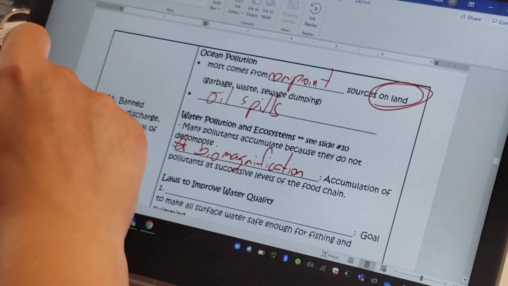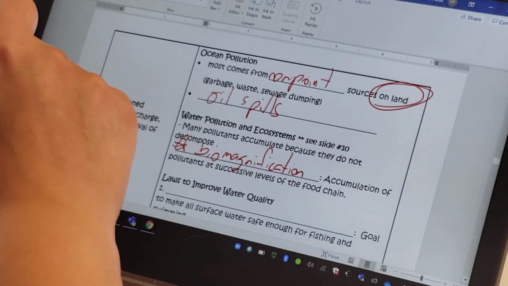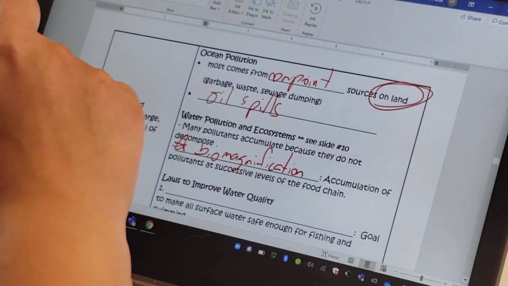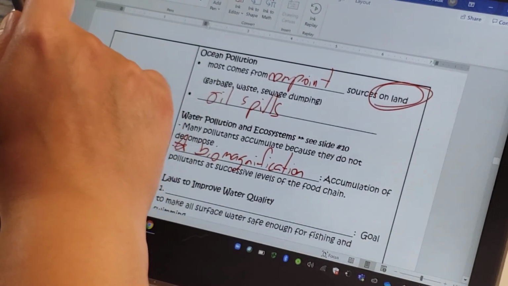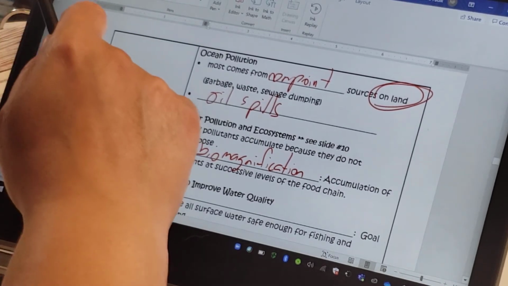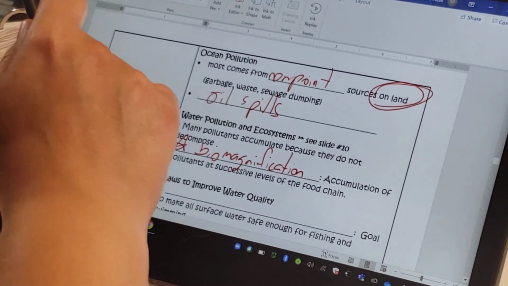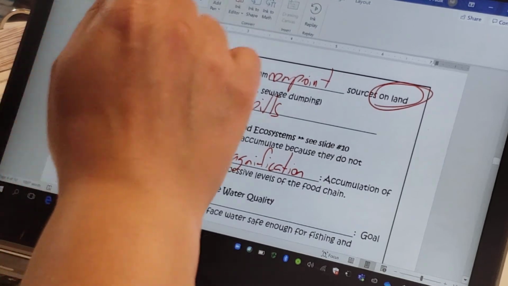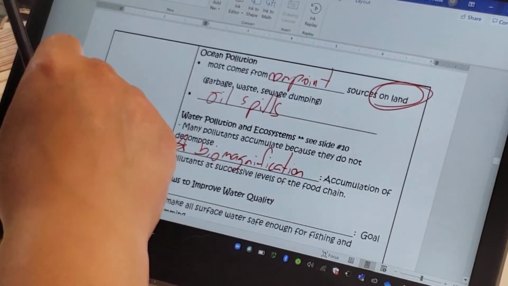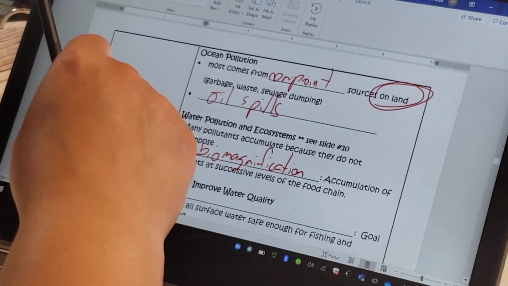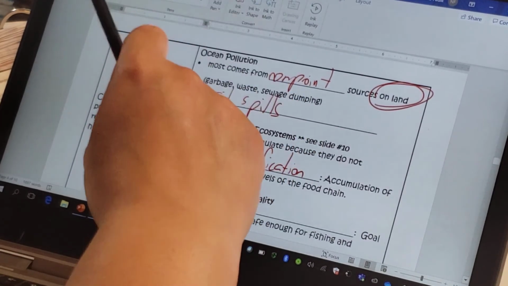So you've got the small fish that eats a lot of plankton, and then you've got the slightly larger fish that eat the small fish, and then the medium fish that eat the slightly larger fish, and then the larger fish that eat the medium fish, and then the bigger fish that eat the large fish, and then you've got the tuna that eats the large fish.